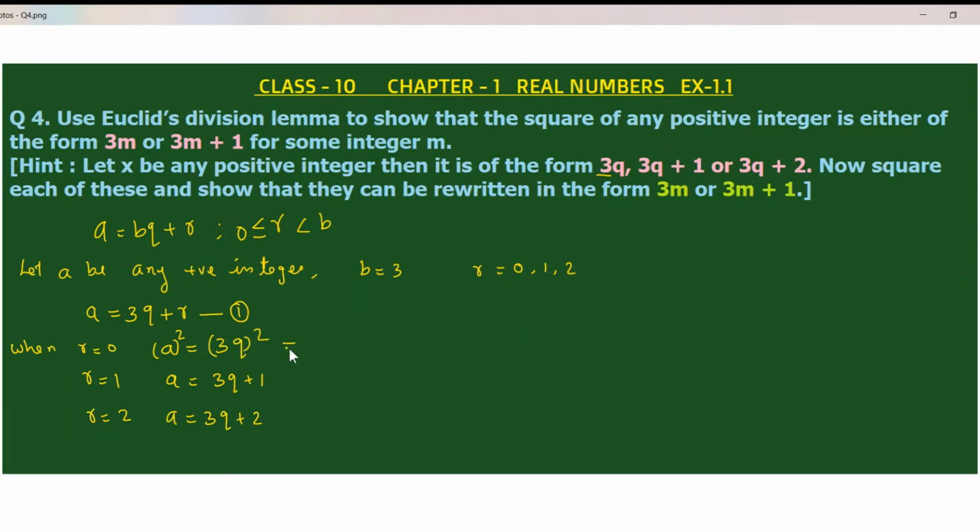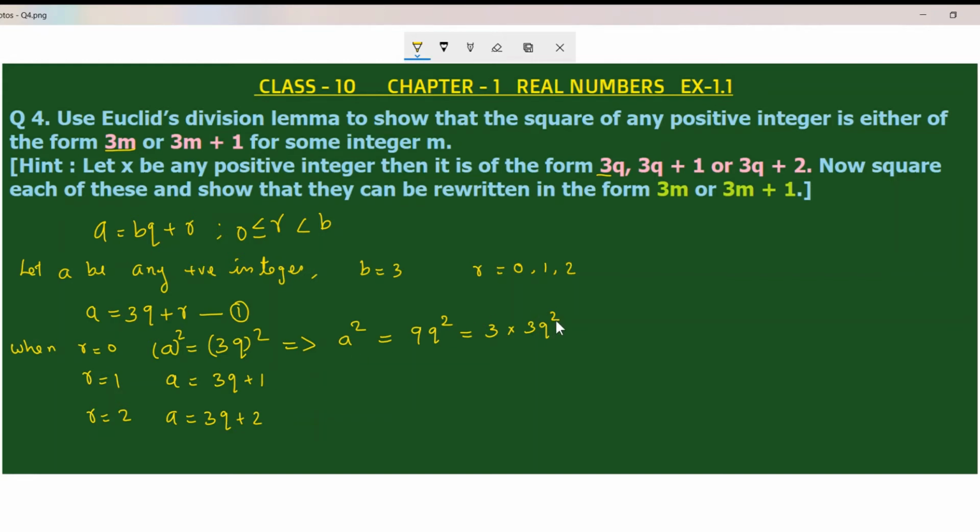What we will get? We will get a square, which is equal to 9q square. Because I have to write this in the form of 3m, I am splitting this number as 3 into 3q square.